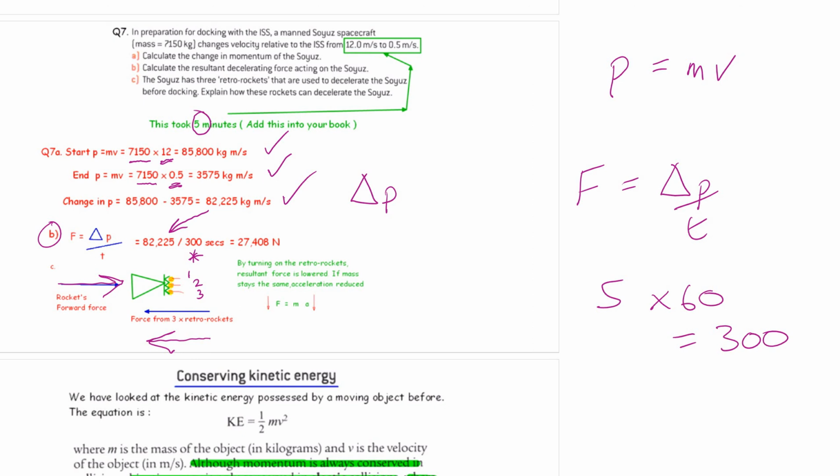By turning on the retro rockets, the resultant force is going to be lowered. Remember, the forces are in opposite directions, so you're going to take them away. If the mass stays the same, and the force is reduced, then the acceleration is going to be reduced as well.